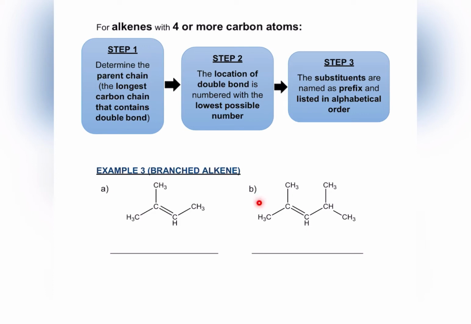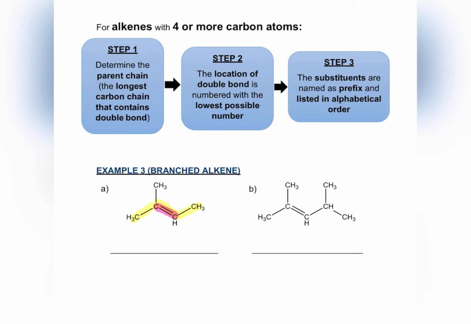Let's try to do this together. I'm going to determine the parent chain. If I start from here, I get 4 carbon atoms, the longest I can get with the double bond in the chain. So this is going to be my parent, and as you see, I have the double bond in my chain. So that settles my parent chain.